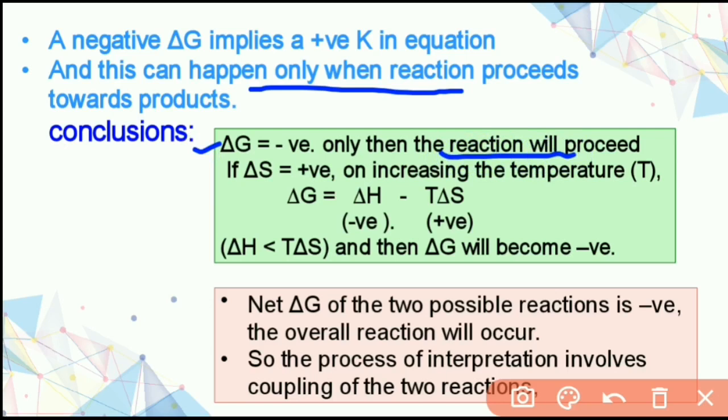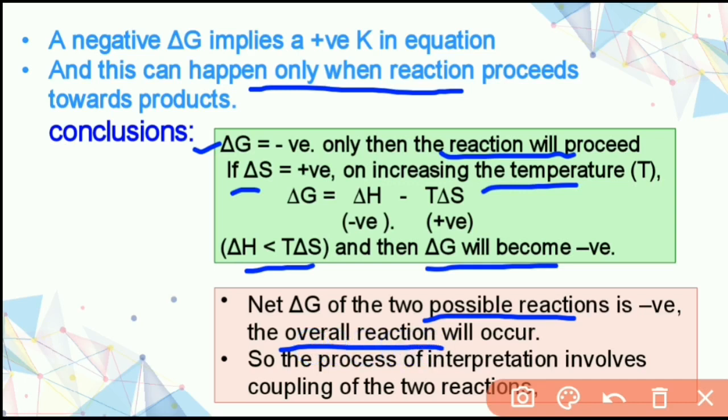And if ΔS is positive, on increasing temperature the value of TΔS would increase, and if ΔH is less than the value of TΔS, then ΔG will be negative. So if the net ΔG of two possible reactions is negative, the overall reaction will occur.